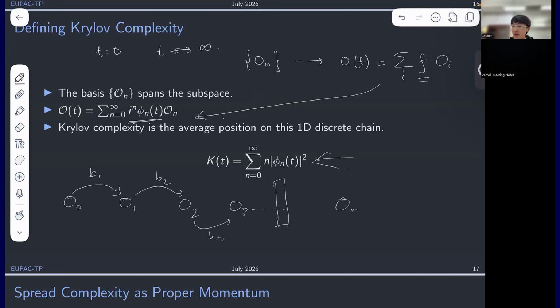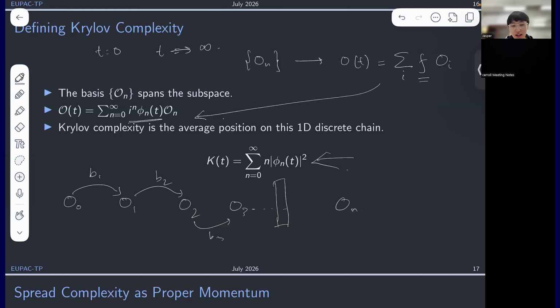One thing about this Krylov complexity is that there is no arbitrariness in our definition. Every single thing is defined by the Hamiltonian of our system, right?